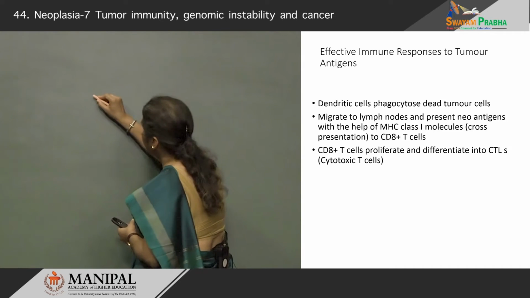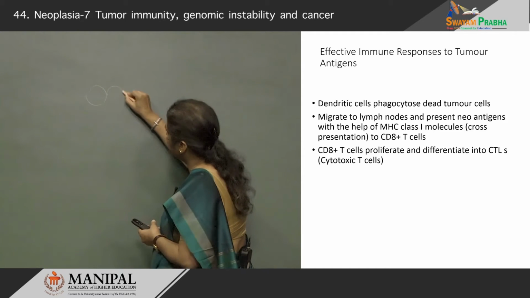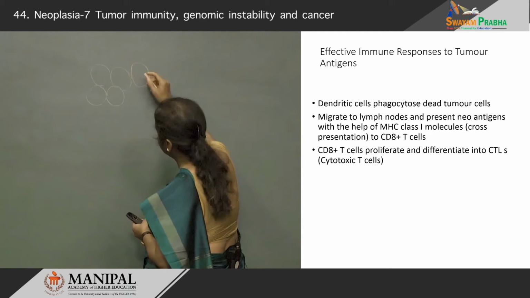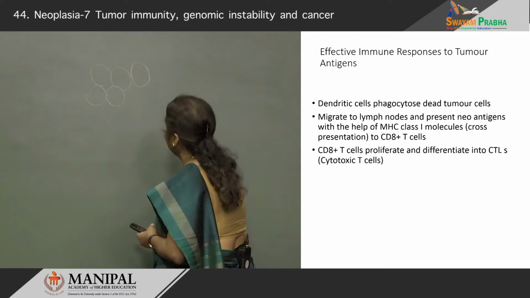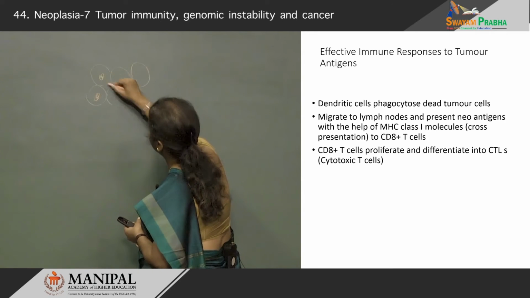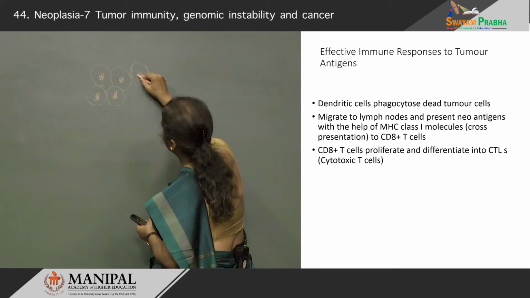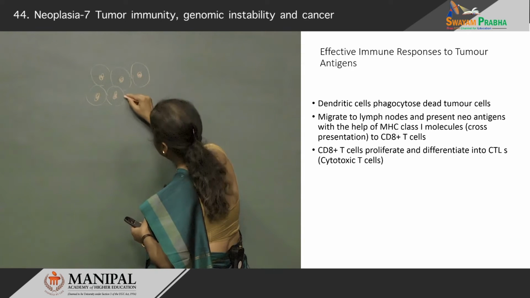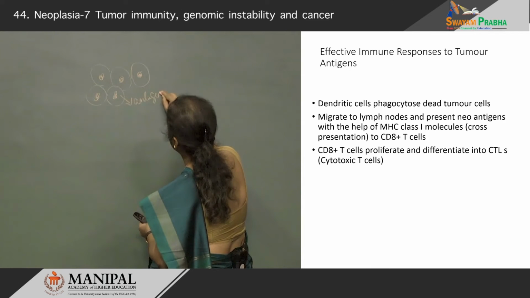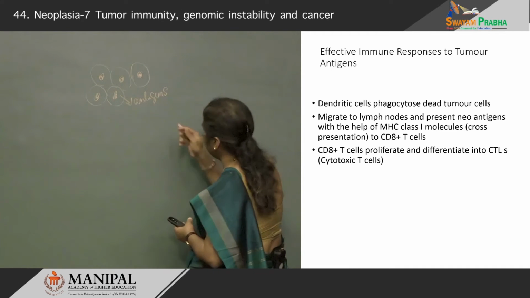Now, if you think this is a tumor in the breast, let us assume these are the cancerous cells that are in the breast, and they then release antigens that are recognized by dendritic cells.